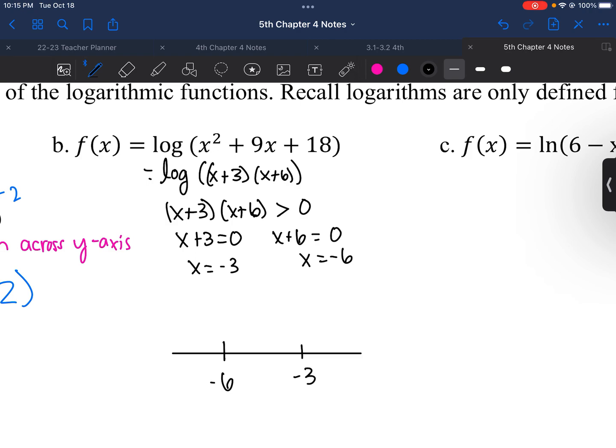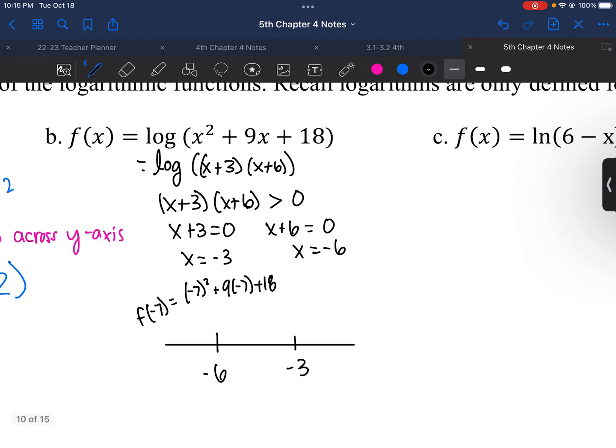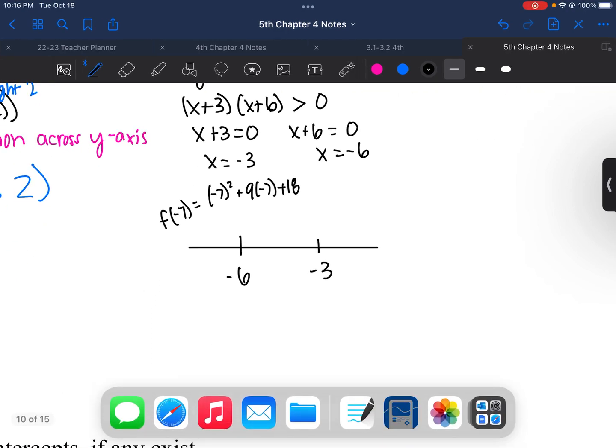Let's do f of -7. That would be -7 squared plus 9 times -7 plus 18. And then we'd have to put that in our calculators. Let me go ahead and get mine out here.